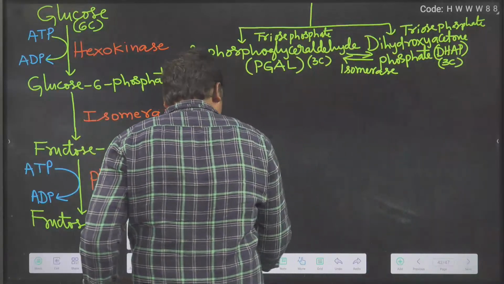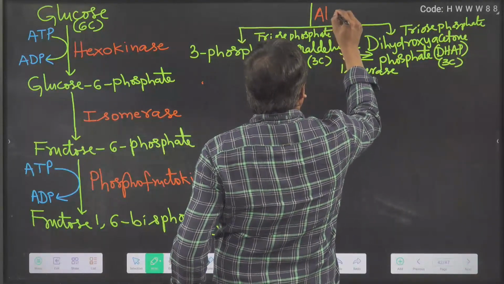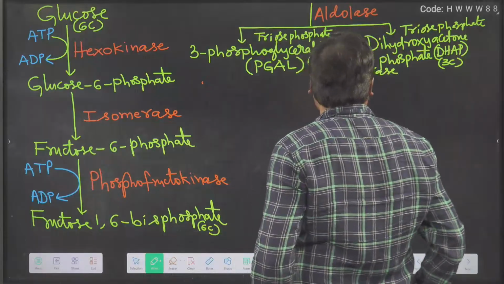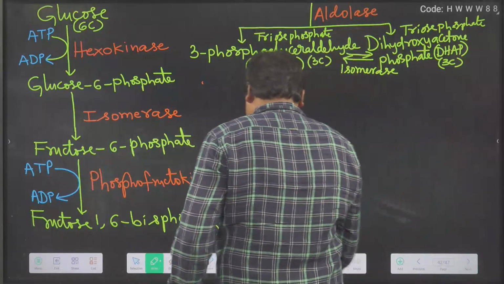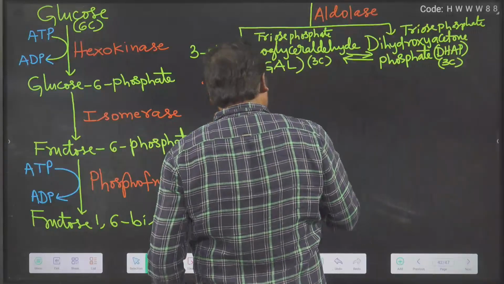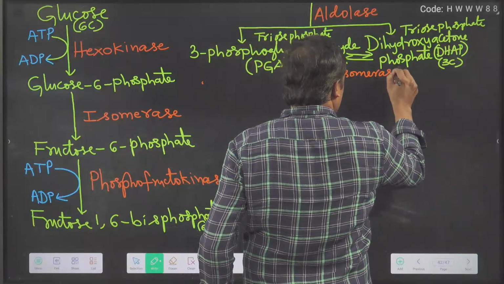I am writing it here: aldolase. And here also I will write in a different color so that you can identify: isomerase.